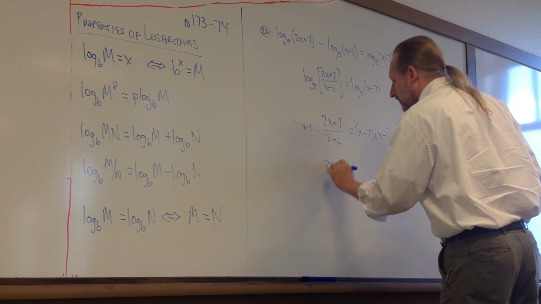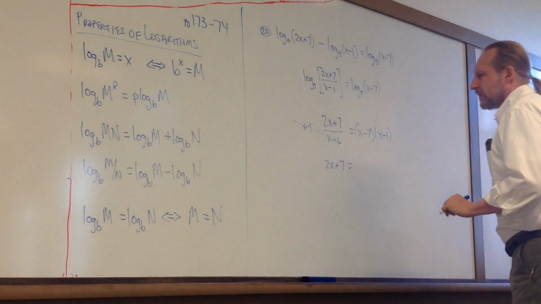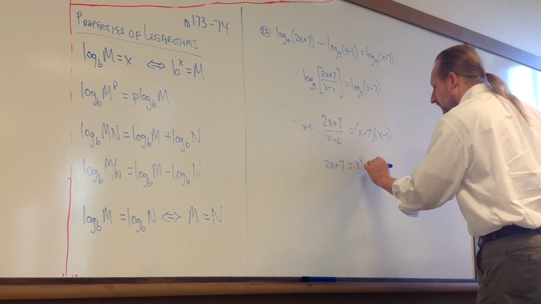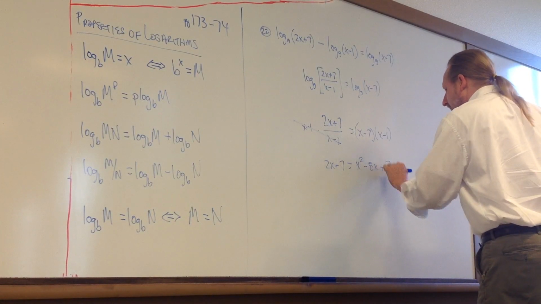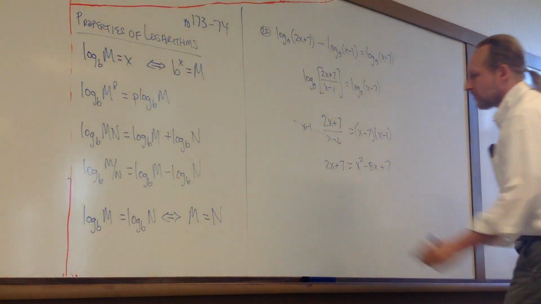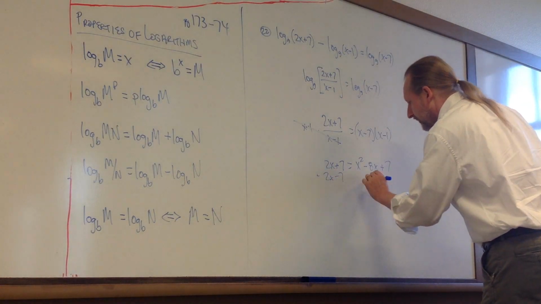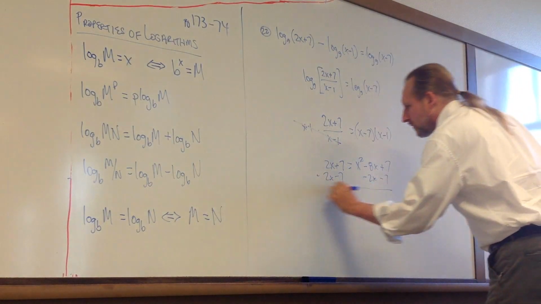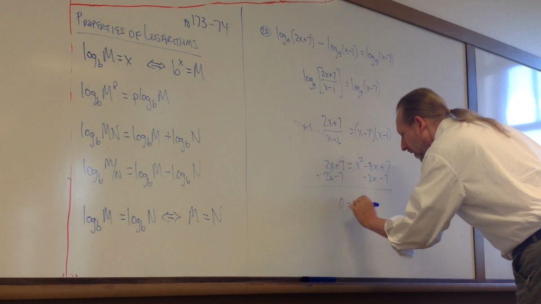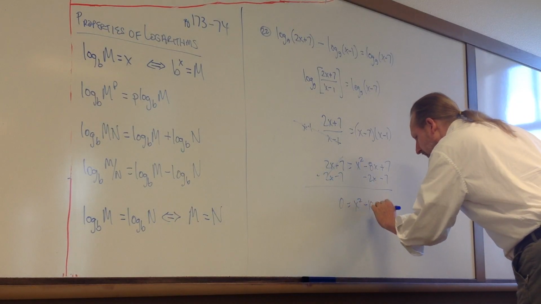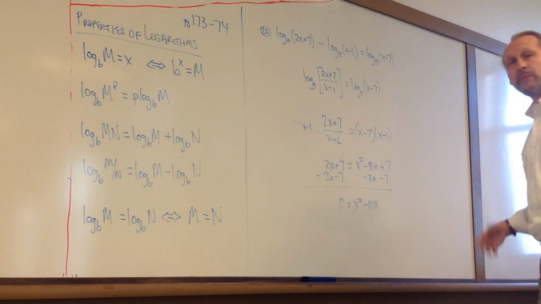Those cancel out. And so we get 2x plus 7 equals x squared minus 8x plus 7. So we'll move everything over to one side, and we get 0 equals x squared minus 10x.